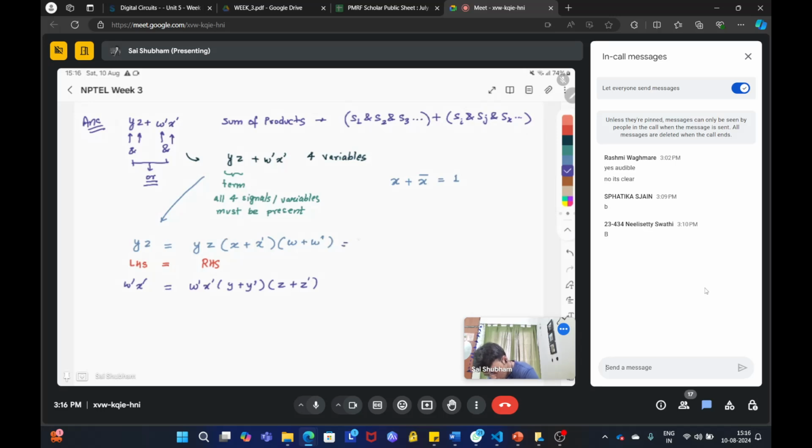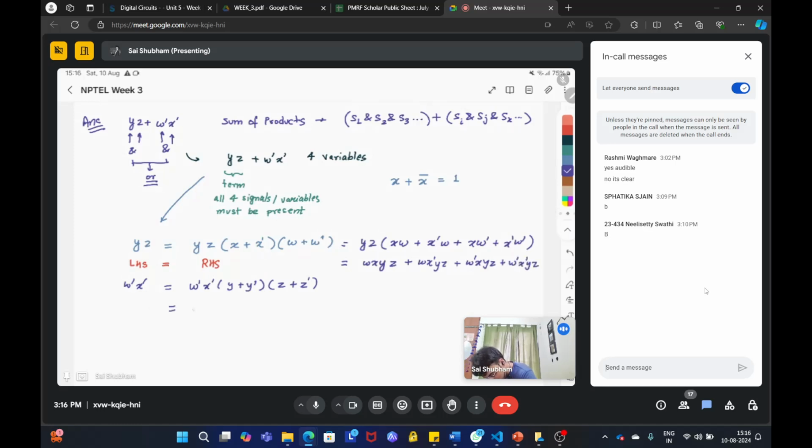This will simplify to yz times xw plus x dash w plus x w dash plus x dash w dash, which is equal to wxyz plus wx dash yz plus w dash xyz plus w dash x dash yz.